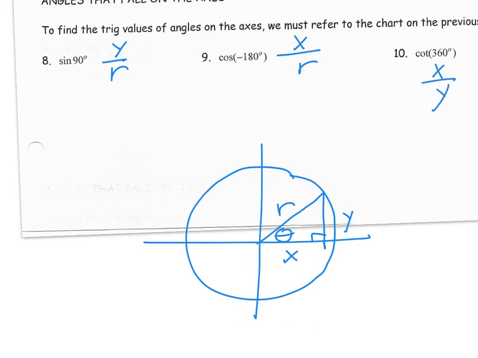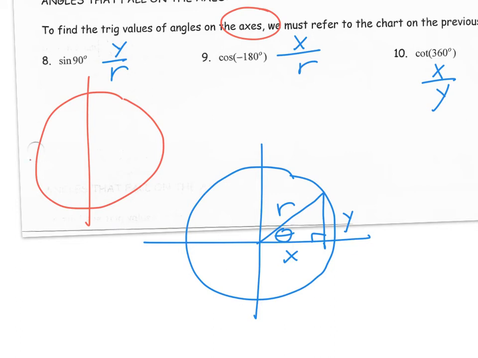Now what we have to do is figure out what in the world happens if the angle is on one of the axes. So picture 90 degrees. 90 degrees is straight up and down right here. So I can't really draw opposite adjacent, and I can't do any Pythagorean theorem or anything like that. Now, we do have to remember we have a unit circle, and unit circle means radius 1.